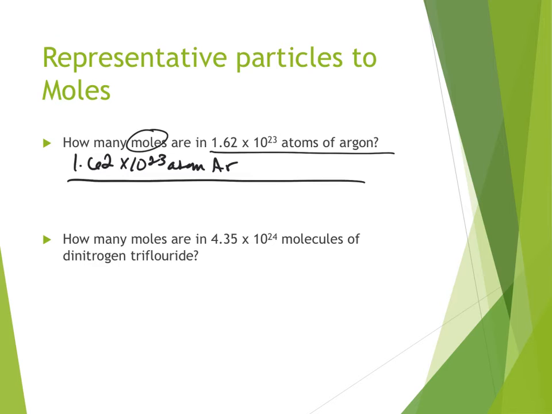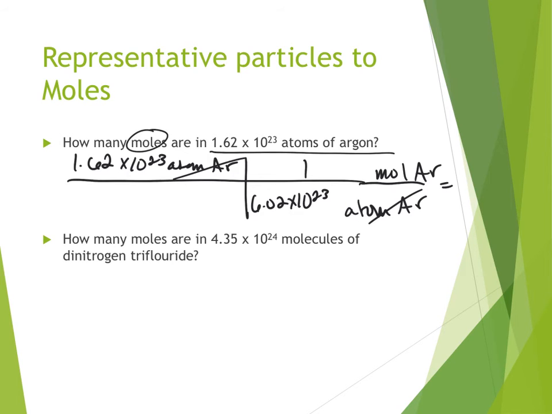Make your conversion T, cancel atom argon on the bottom. Every single time you do the same thing. We're going to put mole. It's asking me to go to mole, so I'll put mole on top. 1 always goes with mole, and then 6.02 times 10 to the 23rd goes with atoms. So these ones you would divide.